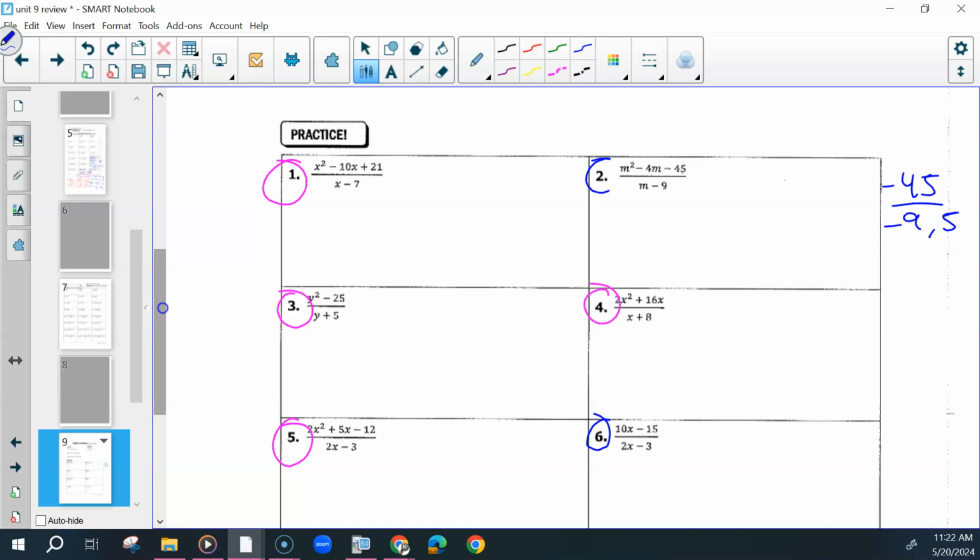Because this is a equals 1, go straight into your factors: m minus 9, m plus 5 over your denominator. Cancel any like factors to see what's left.